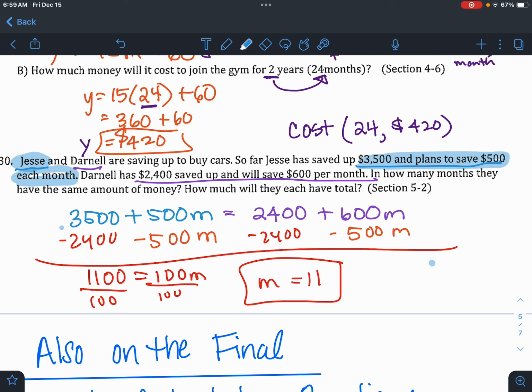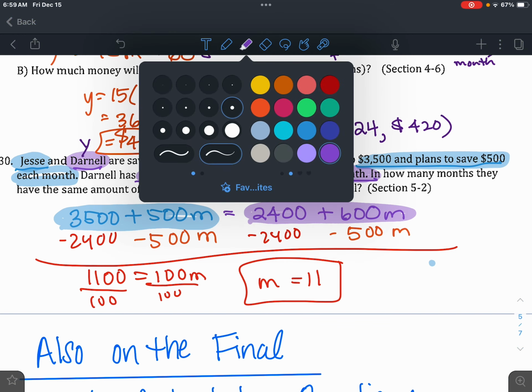So we write that equation here. This represents Jesse. And then Darnell in the purple has $2,400 and he's saving up $600 a month, right? So they have very different starting points, but Darnell's going to save a little bit more per month, right? So that means at some point they'll catch up.